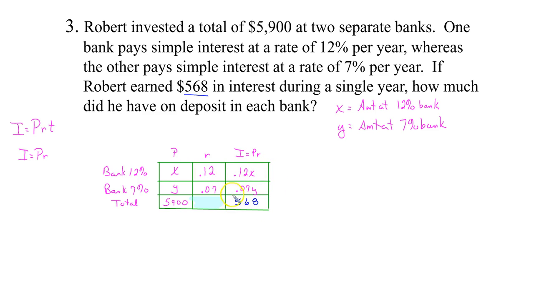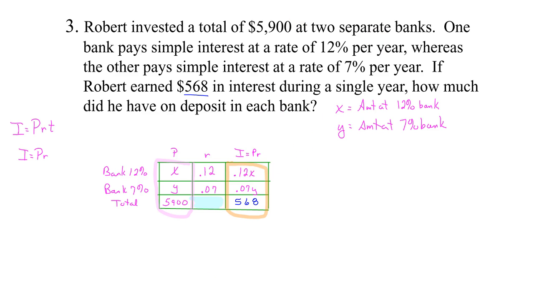By the time we get to this, we have done the hard work and we're going to write a very nice equation. Our first equation is going to come from our first column. Let me highlight this one for you. We'll go pink here. This is our first equation, and this is our second equation.